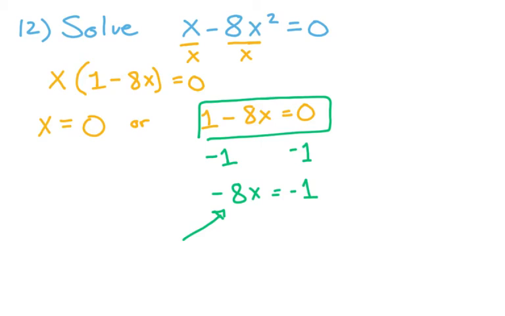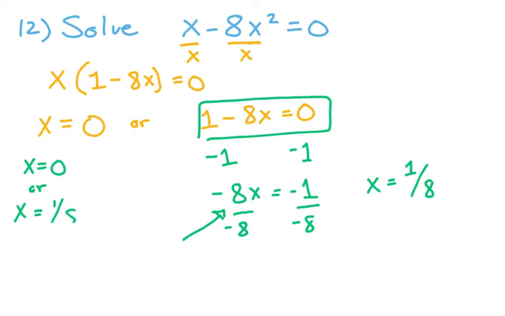We want that to be a 1. So divide by -8 to see that x equals 1/8. So my two answers are x equals 0 or x equals 1/8. There are two solutions.